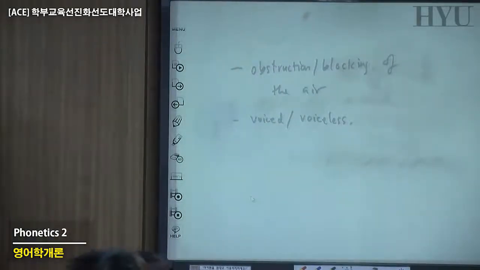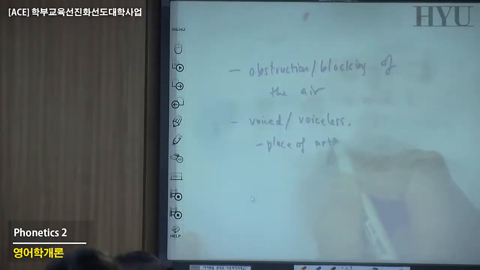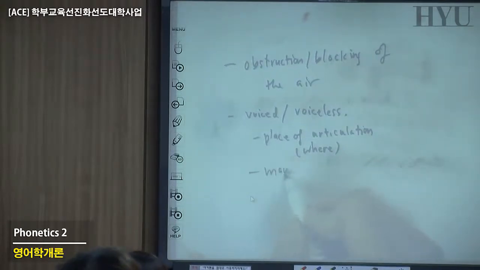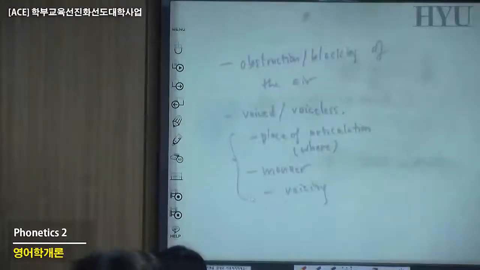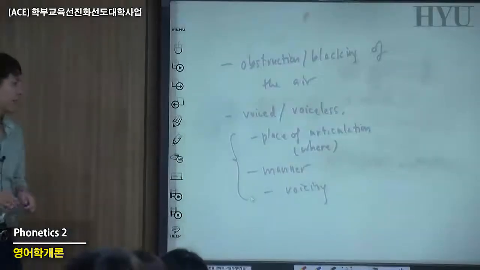And when you describe consonants, you need 3 descriptors. The place of articulation, where in the mouth you produce that sound, the manner of articulation, and the voicing. So only 3, okay? Place, manner, and voicing.